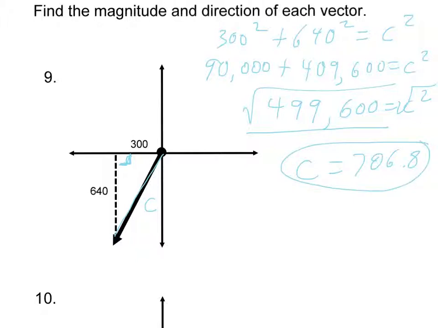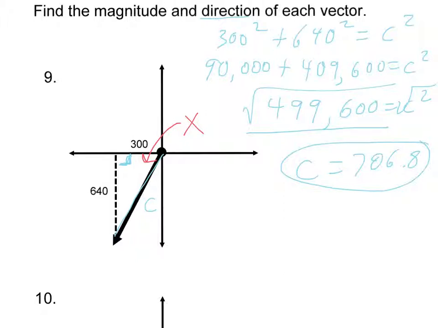Now the other thing they want is the direction. Well, remember the direction was that whole, 15 degrees south of west, 10 degrees north of east. The problem is I don't have an angle measure for this angle right here. We'll call it x. So we can use trig ratios to find missing angles of right triangles.